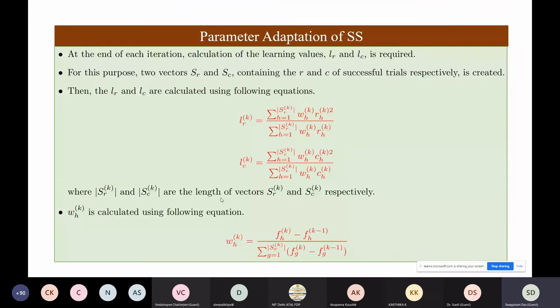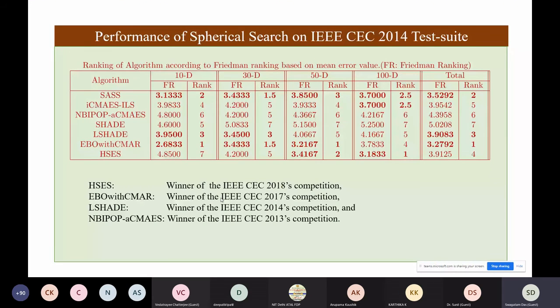for the spherical search. After this, the performance was even more improved, and we compared against the very recent winners of the CEC competition, from CEC 2018, 17, 14, and 13, on all the 10D, 30D, 50D, 100D problems. We could see the total Friedman rank compared to the other winners is very good for SASS.